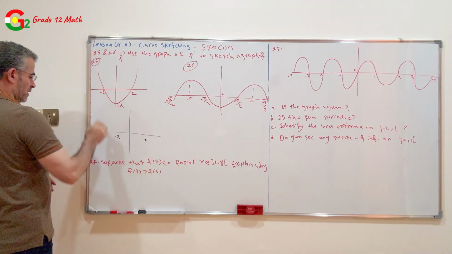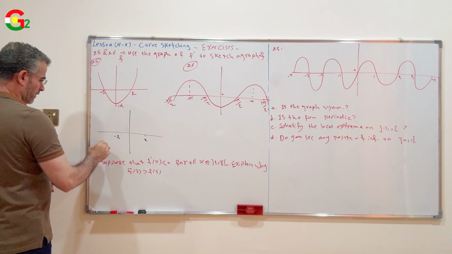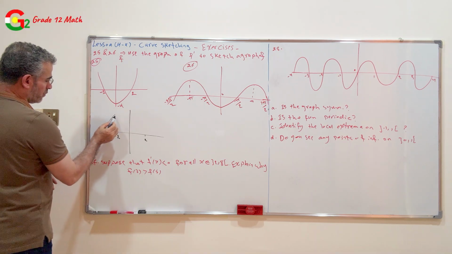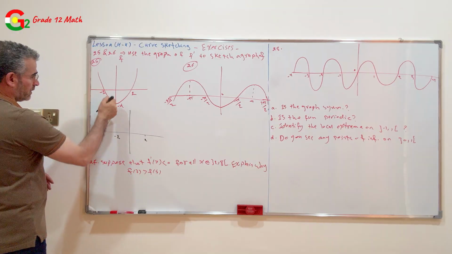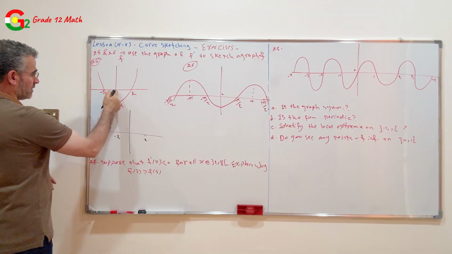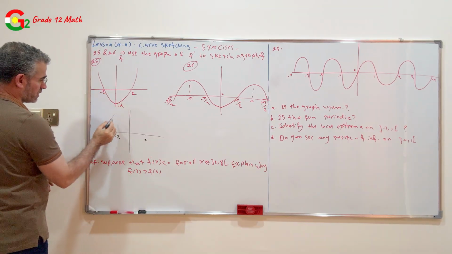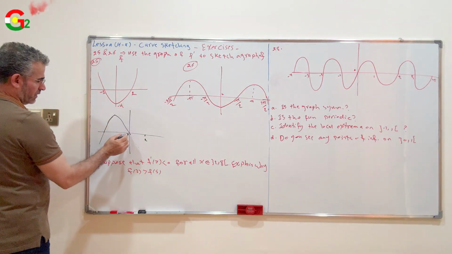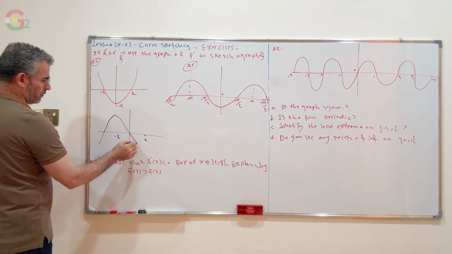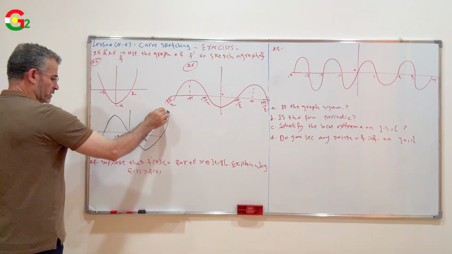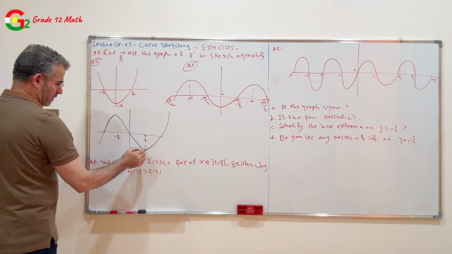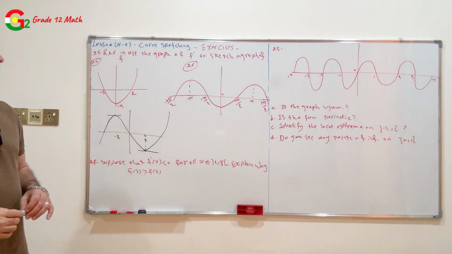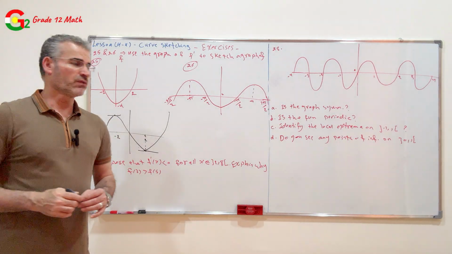The function is increasing from negative infinity to negative 2, decreasing from negative 2 to 2, and the function has an inflection point at x equals 0. Therefore, we have this, and the function is increasing from 2 to positive infinity. So this is the graph of the function of question 25.